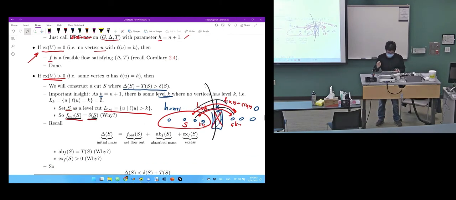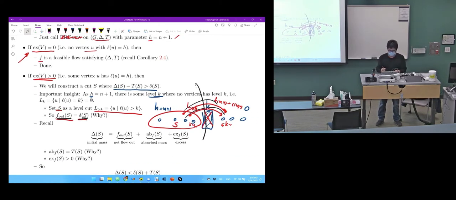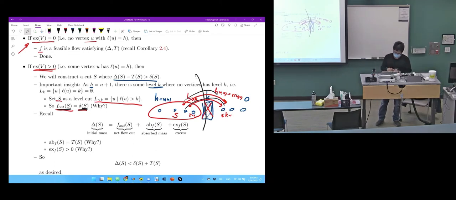And now we will analyze things a bit more. So keep this in mind. If you look at any set S, we discussed this in the previous class.